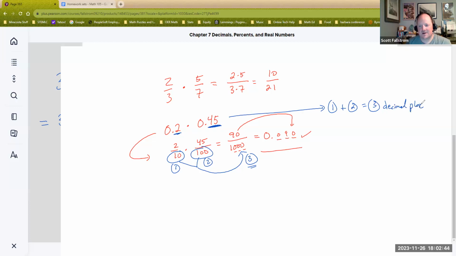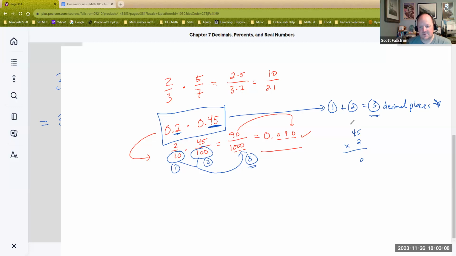So now I know my answer is going to have 3 decimal places. Now I finished this one up by looking at the numerator, which is just 2 times 45, which is basically the numbers I had here without any decimal places at all. So as long as you take care of and handle the decimal places at the beginning, this really does just turn back into multiplication like whole numbers. And we're back to chapter 3.